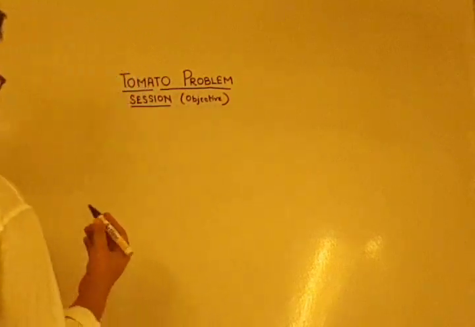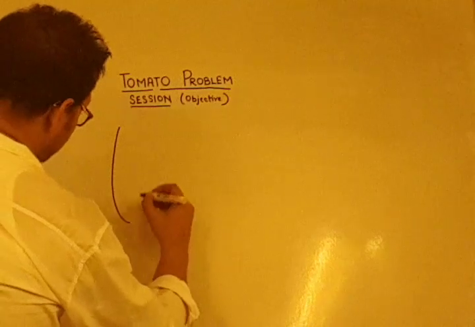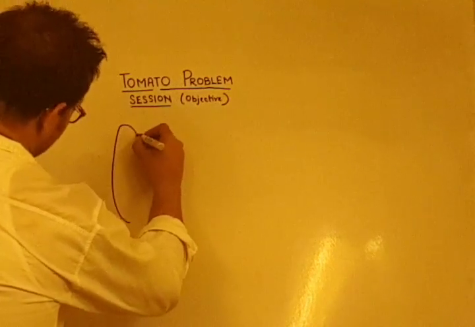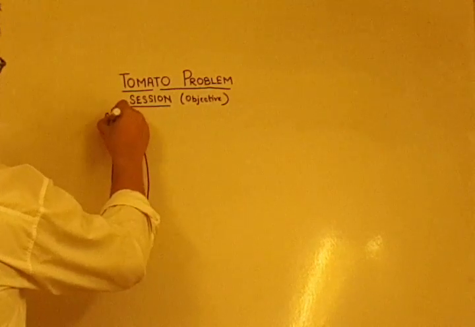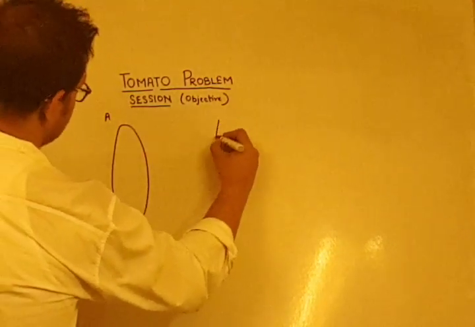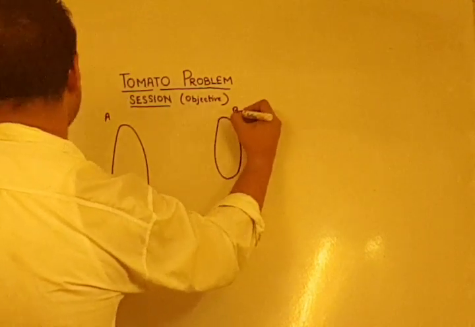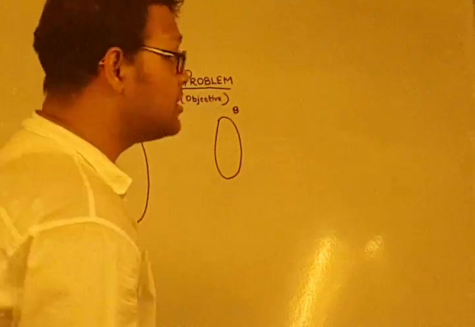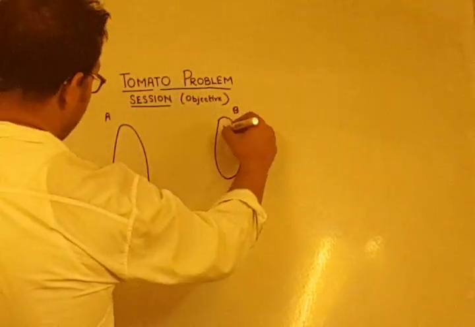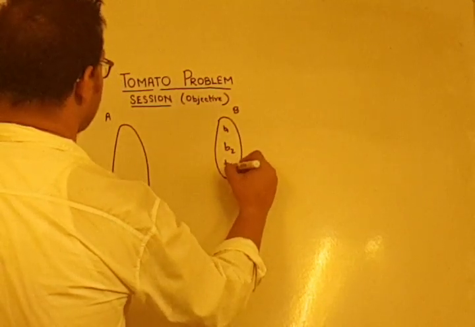As I have always recommended, please draw the arrow diagrams before solving any mapping problems or functional problems like this. So this is set A and this is set B. I took the set B smaller because the cardinality of set B is less than that of set A. So set B has B1, B2, B3 elements.